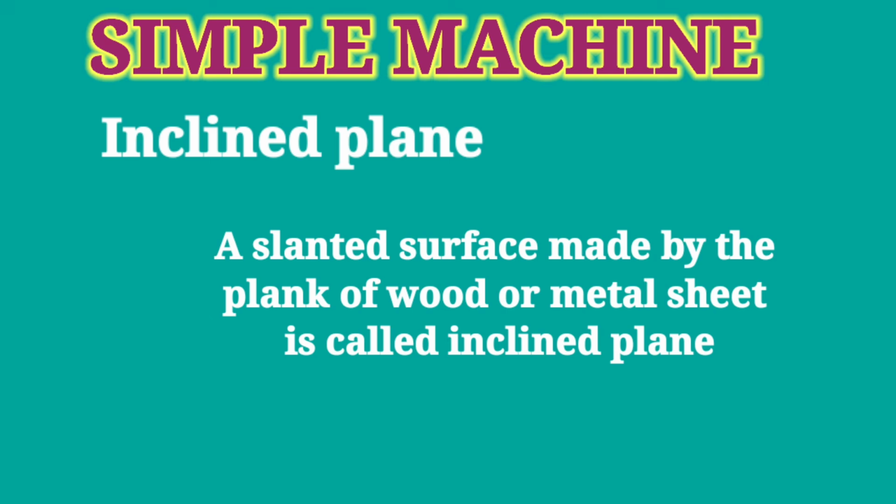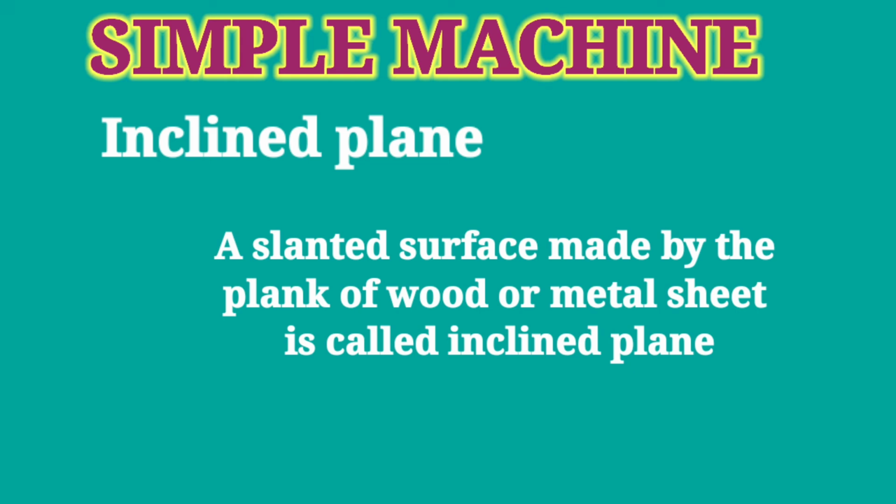If there is a question on what is an inclined plane, at first just remember the ladder or the staircase. That is slanted, not horizontal, making a certain angle with the horizontal surface. These are examples of inclined plane.